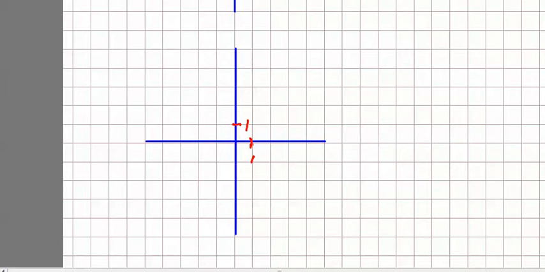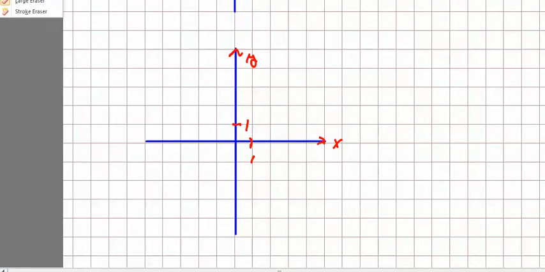This establishes on the x-axis that every line is equal to 1. This establishes that on the y-axis, every line is equal to 1.